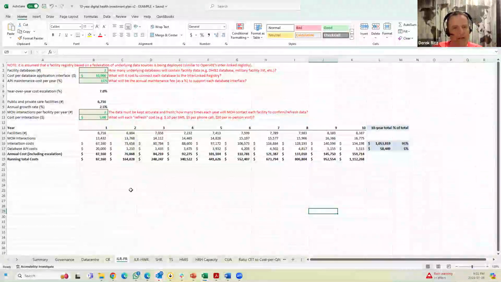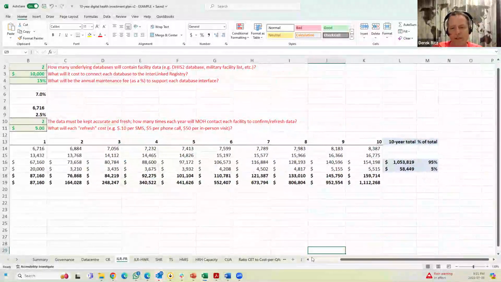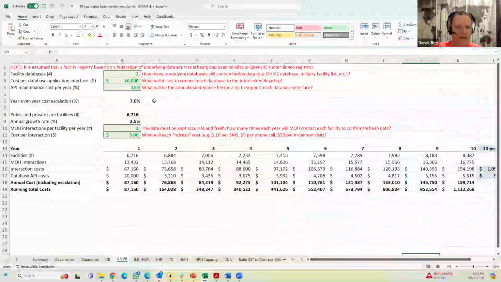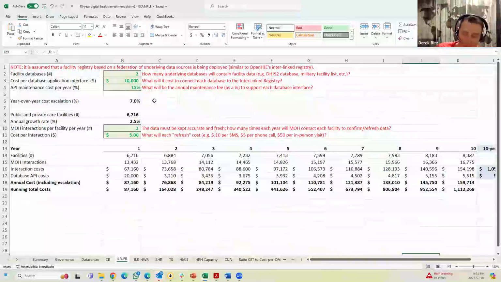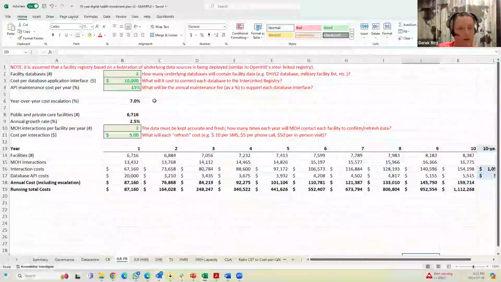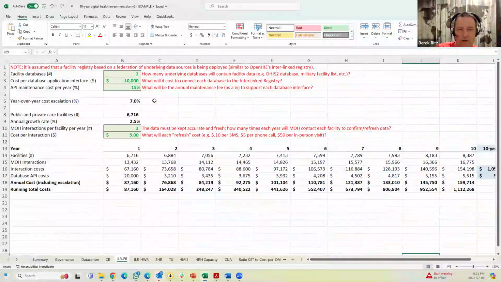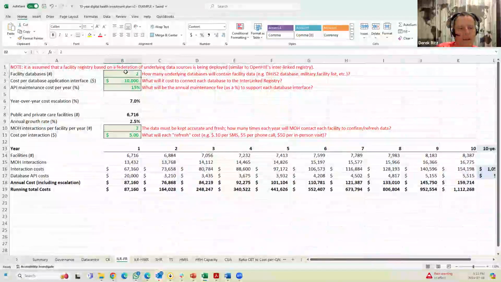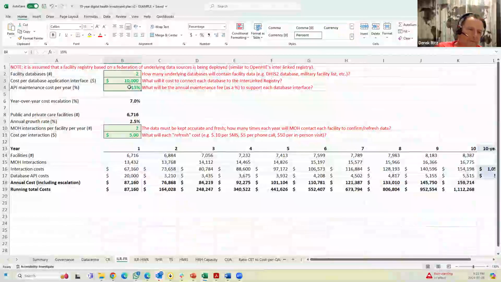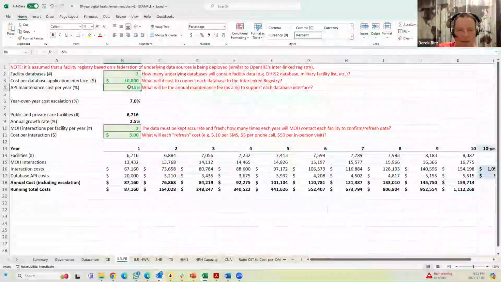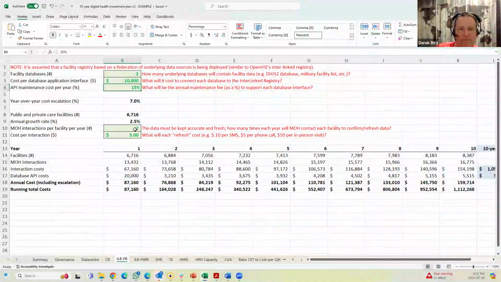Setting up a facility registry. The interlinked facility registry asks, how many sources of underlying data do you have? Because the military might be operating facilities, the Ministry of Health will, of course, be, and there could be faith-based institutions operating facilities. So how many underlying databases are there? What's the cost of each interface? Put in an annual maintenance fee for whatever that cost was.